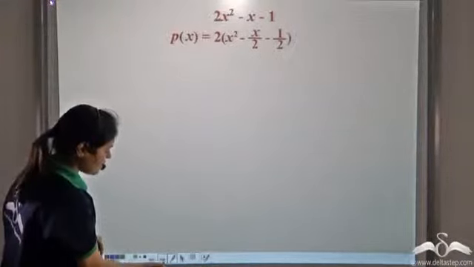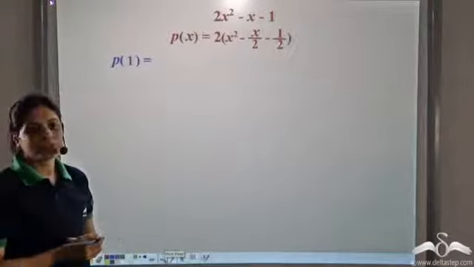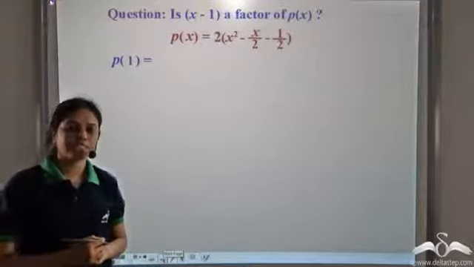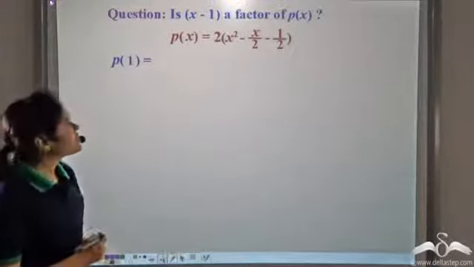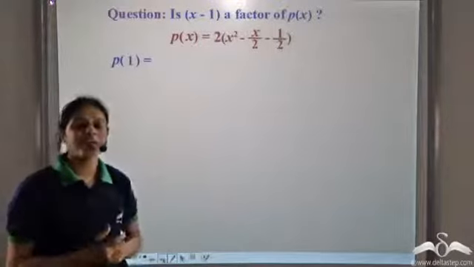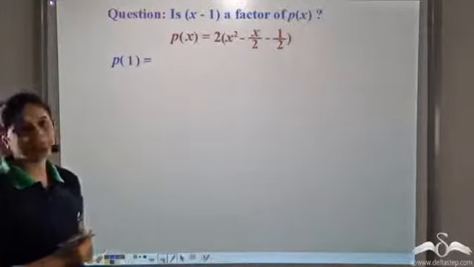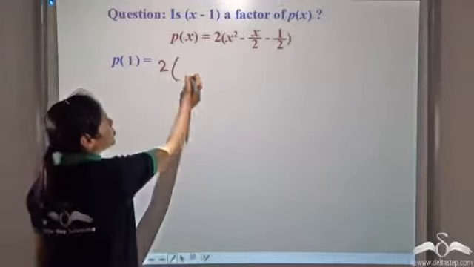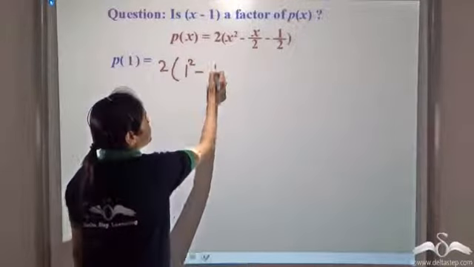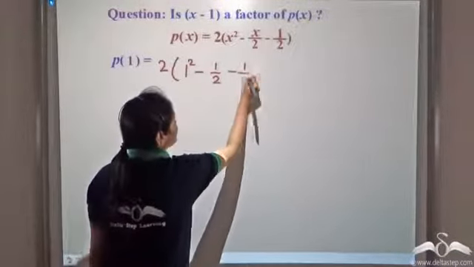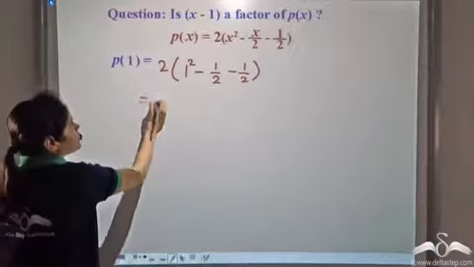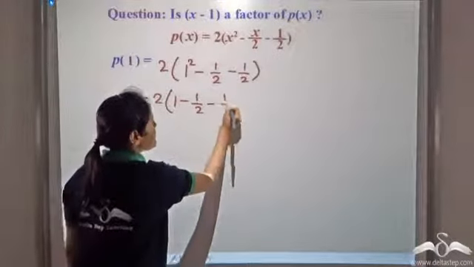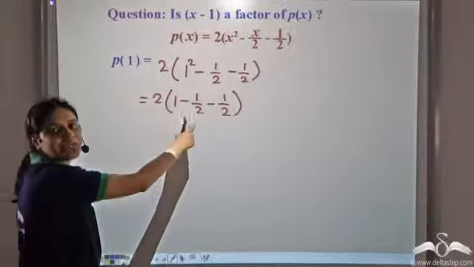So first we check for P(1). Now is x minus 1 a factor of P(x)? We can check whether x minus 1 is a factor of P(x) by calculating P(1). P(1) is equal to 2 into (1 square minus 1 by 2 minus 1 by 2), which is equal to 1 minus half minus half. 1 minus half is half.